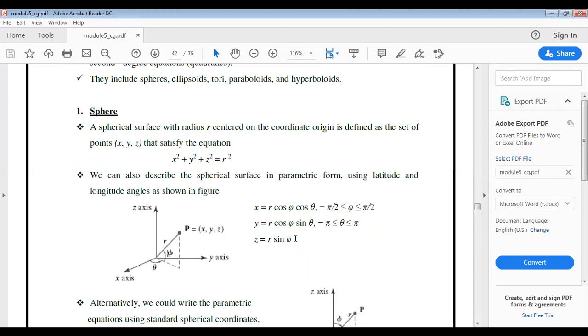So how are they getting these formulas? Consider that this is a three-dimensional Cartesian coordinate system that I am representing.